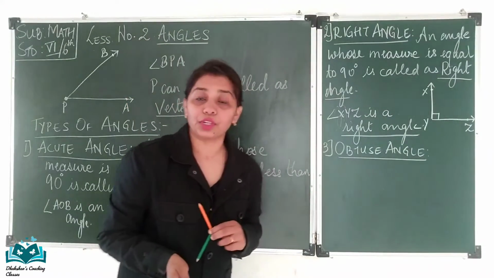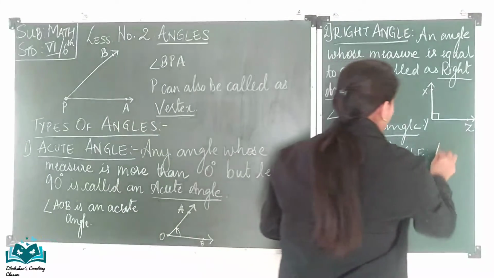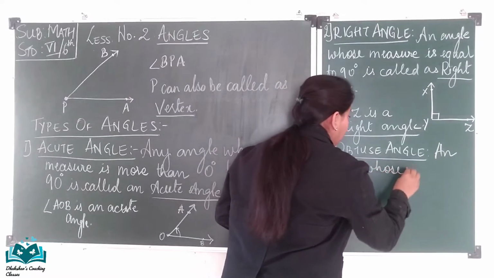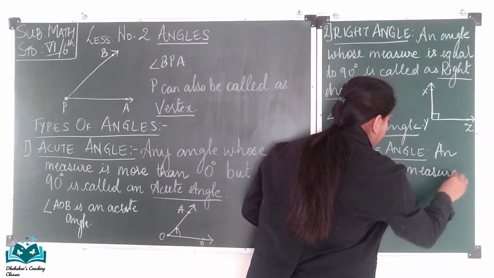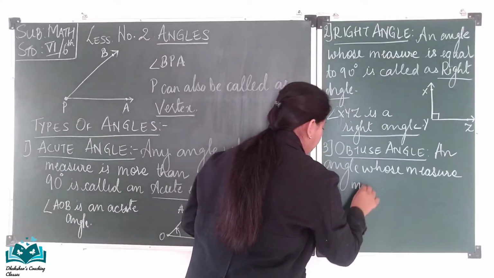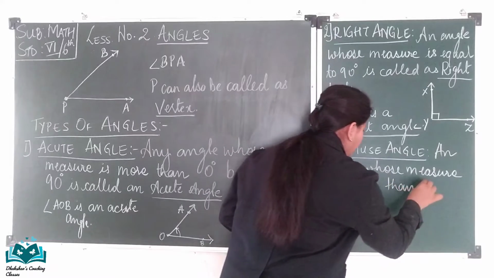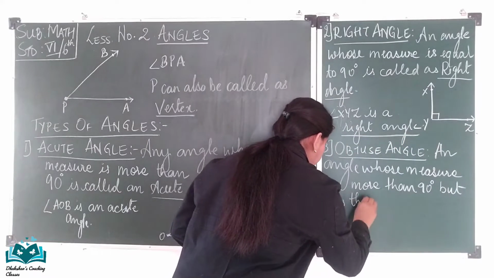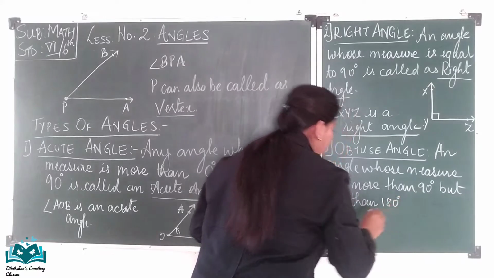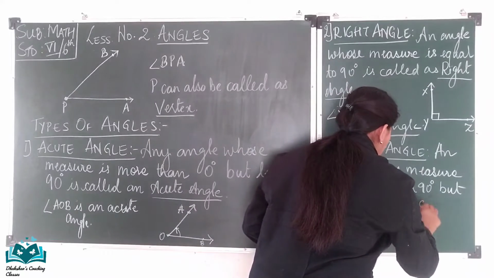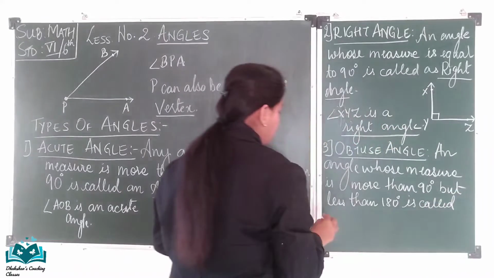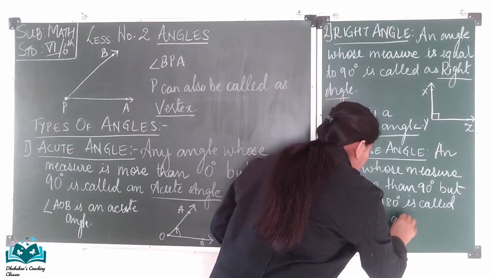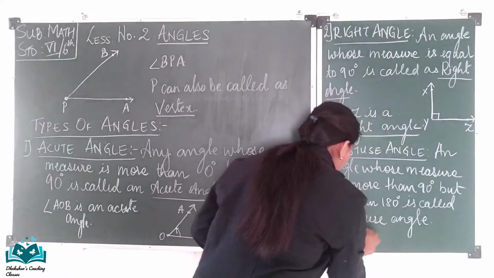So, any angle whose measurement is more than 90 but less than 180 is called your obtuse angle. So, we will quickly write down the definition for obtuse angle. An angle whose measure is more than 90 but less than 180 degree is called an obtuse angle.